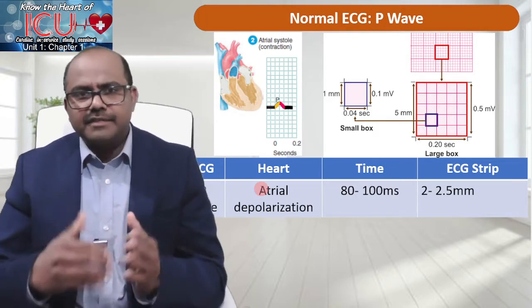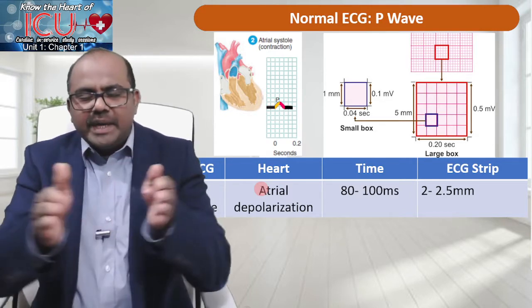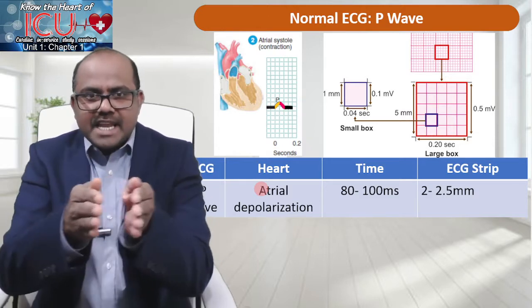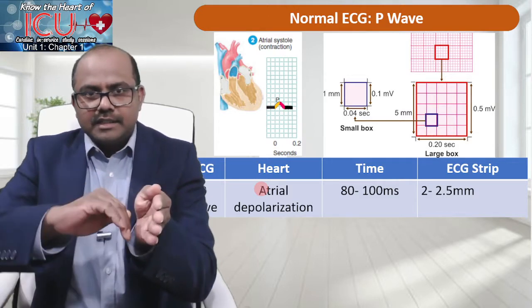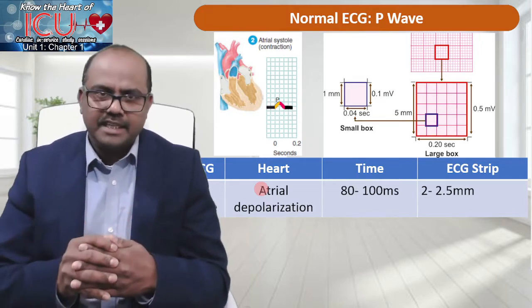Usually the P wave denotes atrial depolarization, and the width of the P wave, or the time taken for the atrial depolarization, is usually 80 to 100 milliseconds.